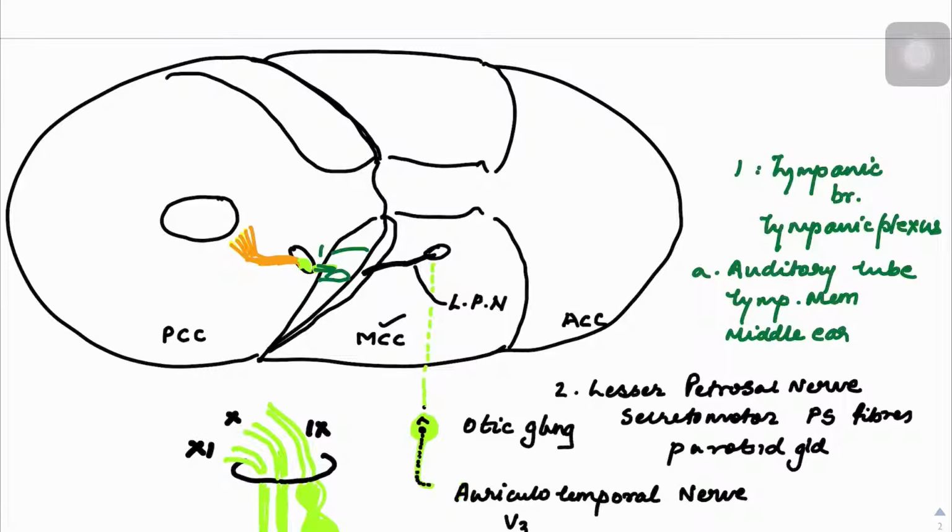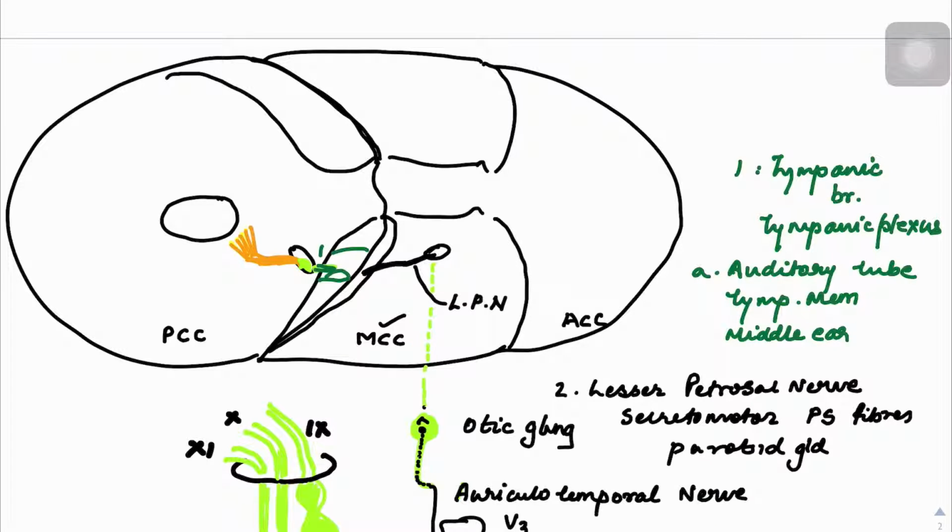So let us say it goes to the parotid gland. The parotid gland will receive the secretomotor fibers from the otic ganglion. So in previous lecture we have discussed the fibers which carries the preganglionic and postganglionic parasympathetic fibers, or the nerve which carries these fibers.